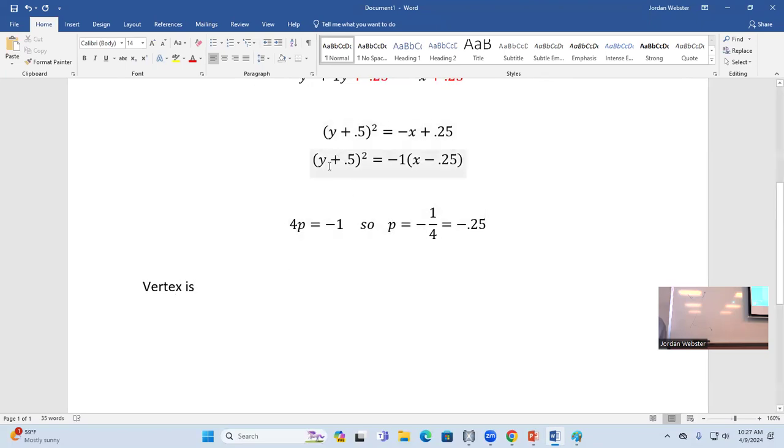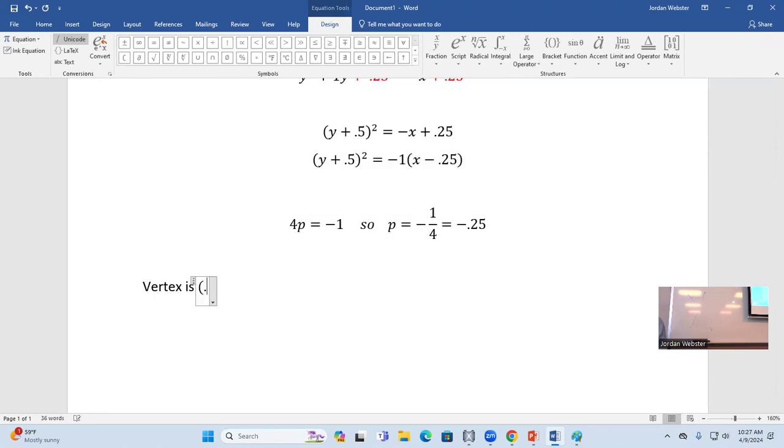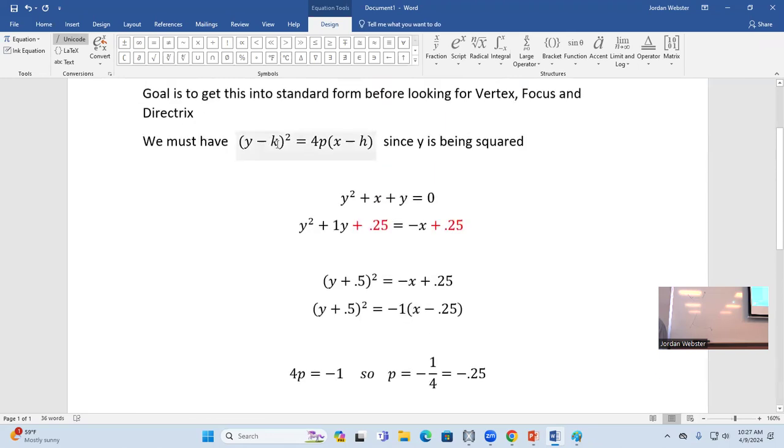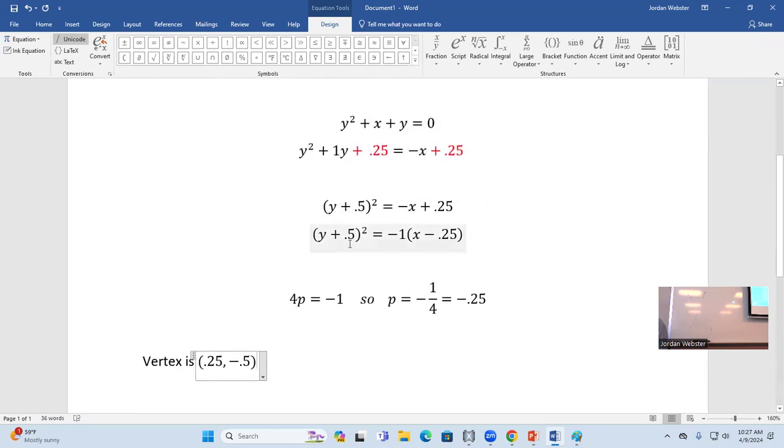So now that I have the standard equation, the vertex I know is 0.25 as far as what's being subtracted from x. So it's 0.25, comma, -0.5, because remember, this should be y minus k in the standard form. So that's a -0.5.